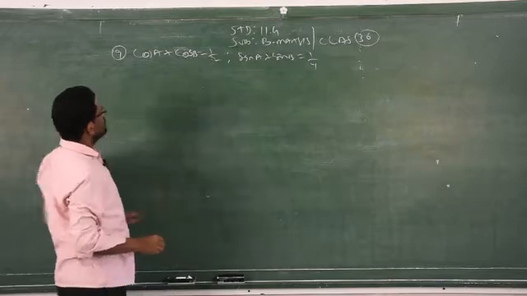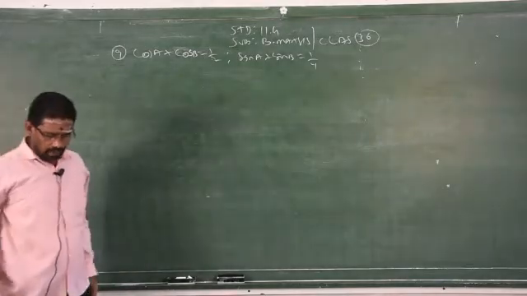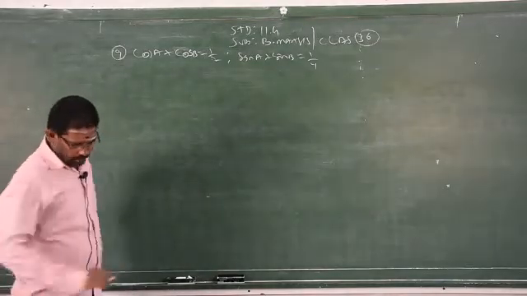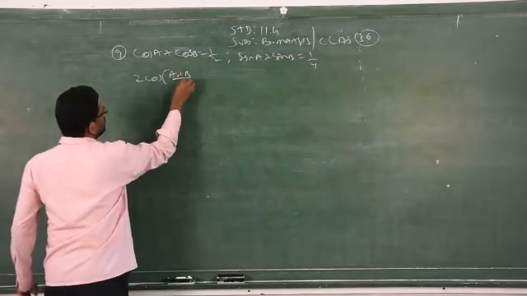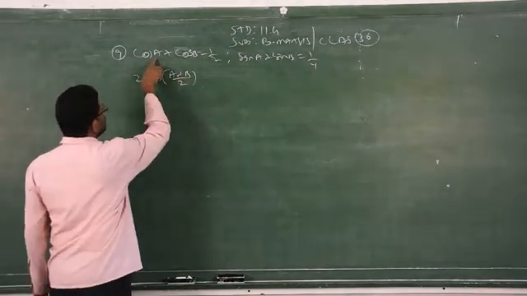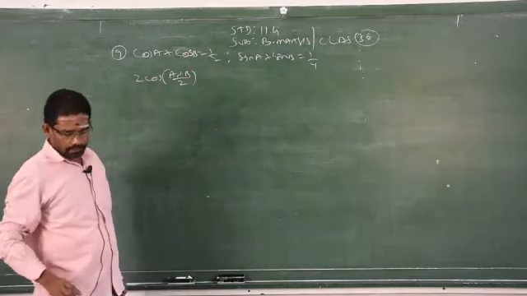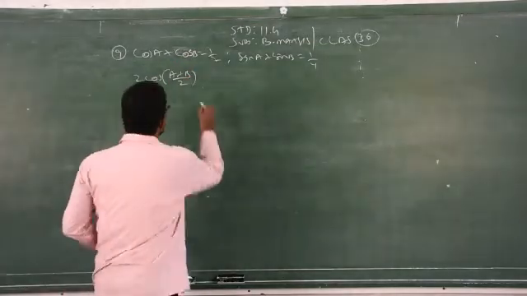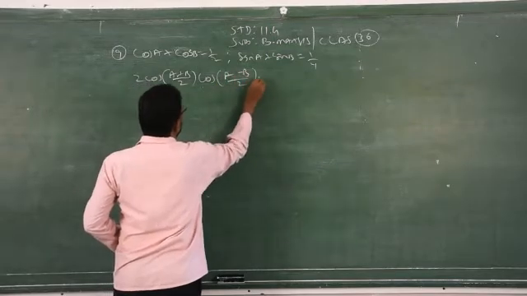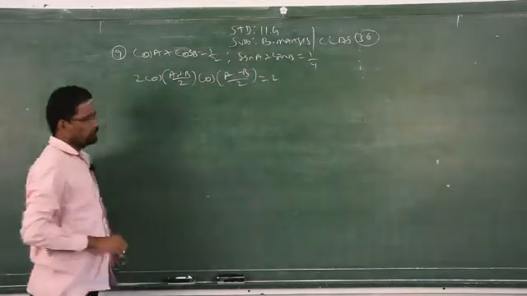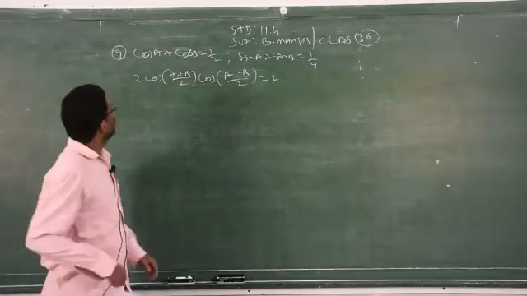We just have to apply the cos C plus cos D formula. What is the cos C plus cos D formula? 2 cos (A plus B) by 2, that is (C plus D) by 2, then cos (A minus B) by 2 is equal to 1 by 2.